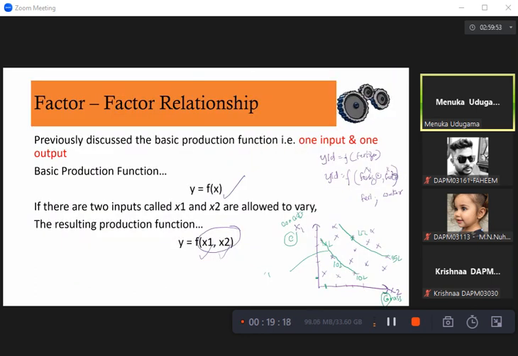Then the factor-factor relationship. Under the factor-factor relationship, it's very similar to the indifference curve, isn't it?